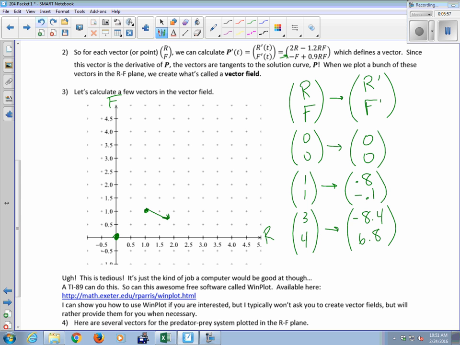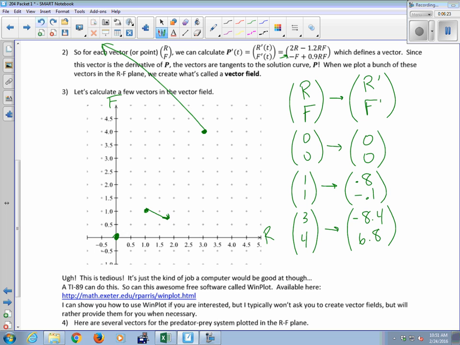So at the point 3, 4 in the RF plane, I can draw a vector that my solution is tangent to. So negative 8.4 in the r direction, 6.8 in the f direction is pretty steep and large. It's off the charts, something like that.